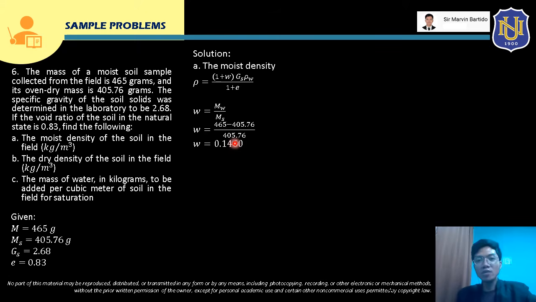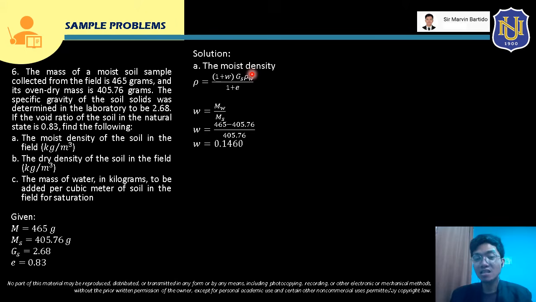Okay, so from here, class, ito yung binabanggit ko kanina, ang pag-solve ng moist density. So ito, class, yung G sub S times rho sub w over 1 plus e. Yan yung density, dry density. This is dry density, right?